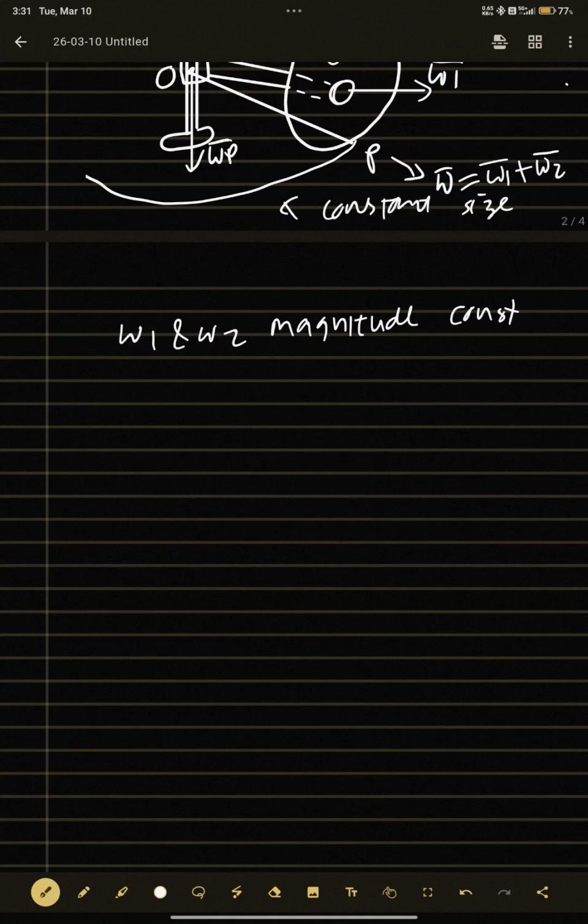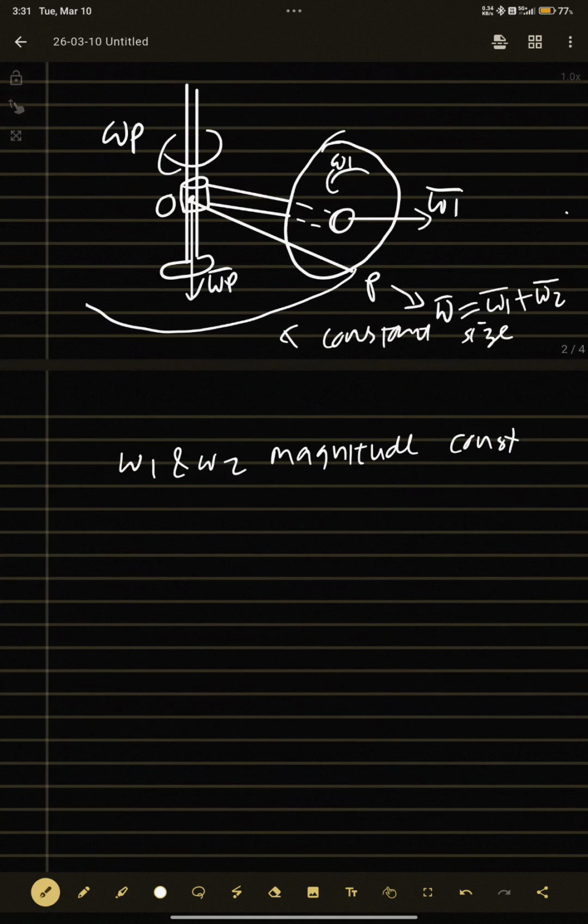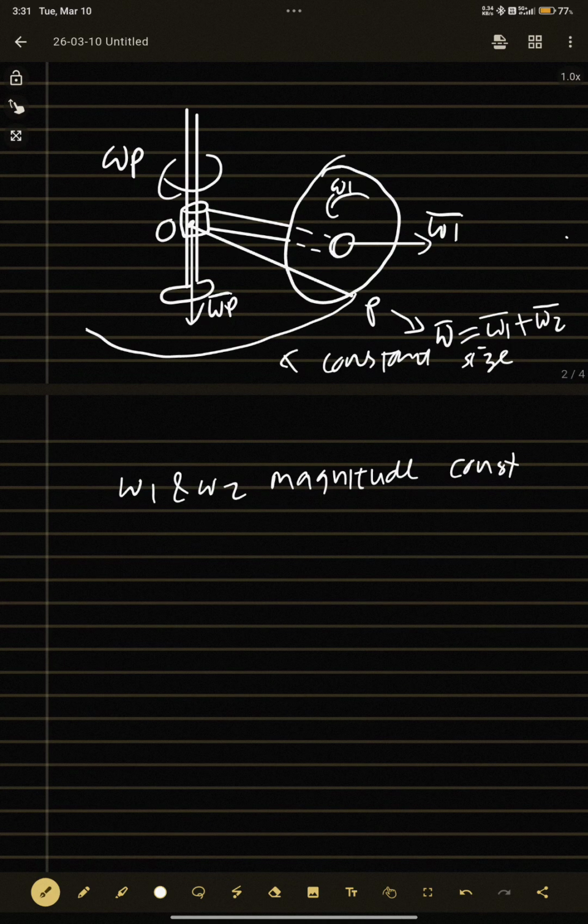A quick question, यहाँ पे दो एंगुलर वेलोसिटीज हैं, एक ओमेगा 1 है, एक ओमेगा p. ओमेगा p, if the magnitude is constant, then it becomes a constant vector, क्योंकि इसका डायरेक्शन चेंज नहीं होगा. बट ये जो ओमेगा 1 है, इसका डायरेक्शन चेंज होता है. तो डायरेक्शन चेंज होने से कोई प्रॉब्लम नहीं है. बॉडी कोन, स्पेस कोन का जो डायमेंशंस है, that is fixed.